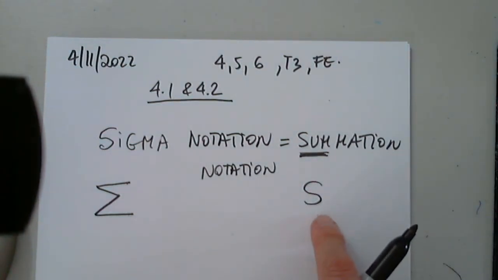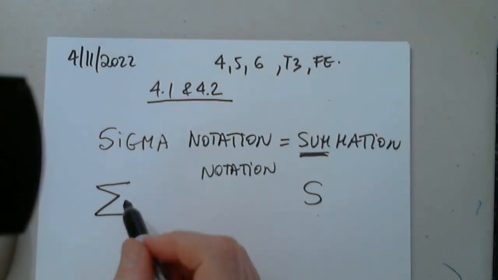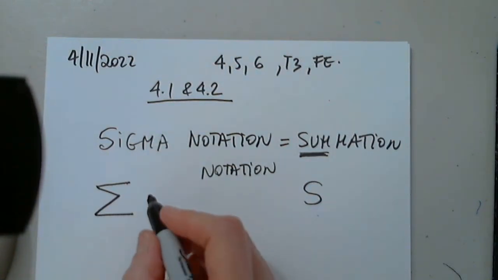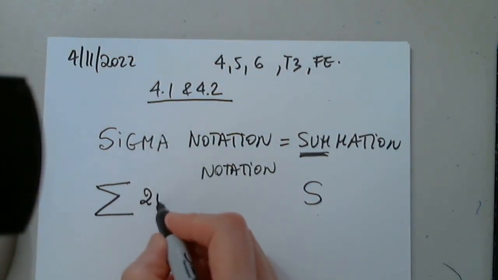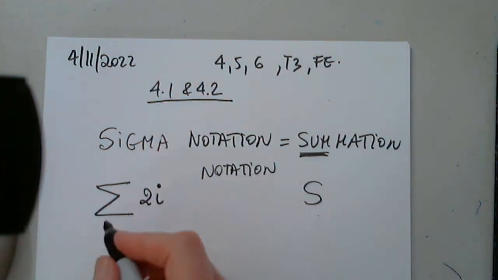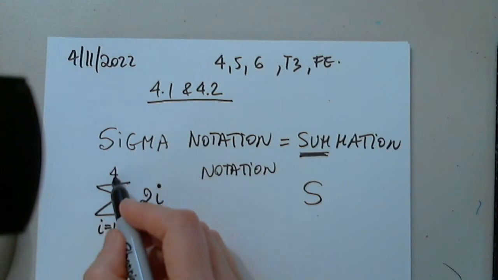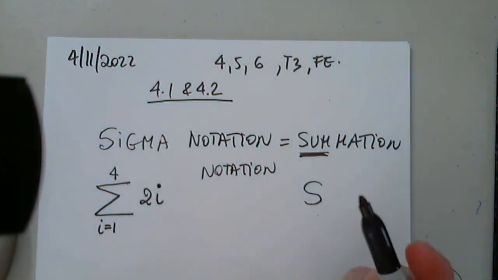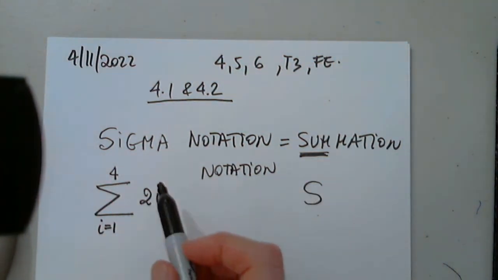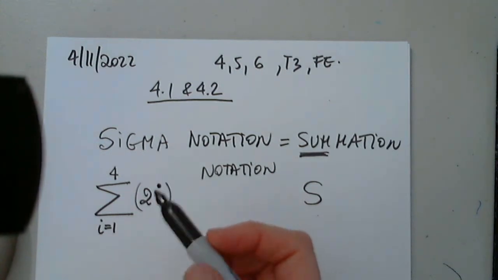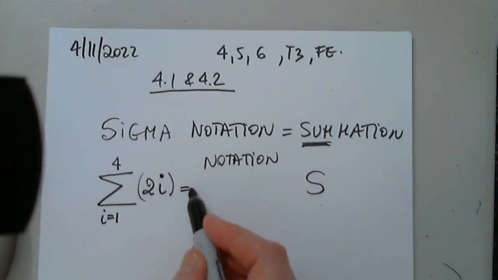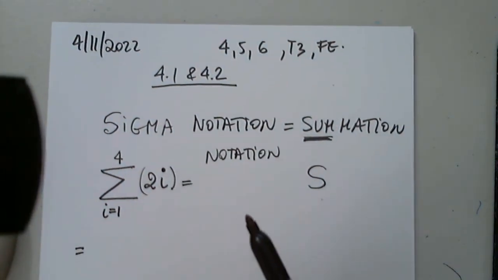Okay? So the sum of, let's say, 2i from i equals 1 to 4. What does this mean? You can put parentheses if you like or not, it's still the same thing. So this is basically the following.